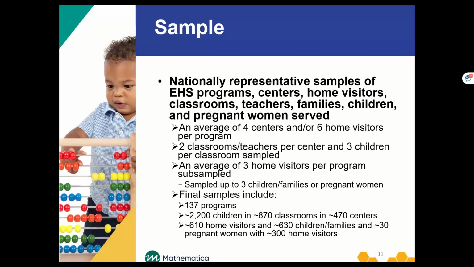Within each center, we sampled up to 2 classrooms and teachers and up to 3 children within each classroom. Within programs that offered home-based services, we subsampled an average of 3 home visitors from the 6 sampled home visitors per program, and then sampled up to 3 families and the children, including pregnant women, from each of these subsampled home visitors' caseloads.